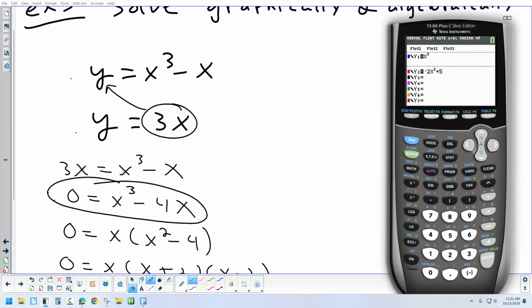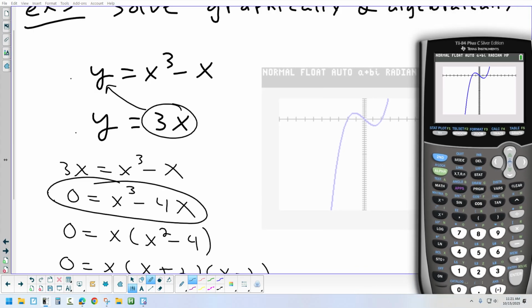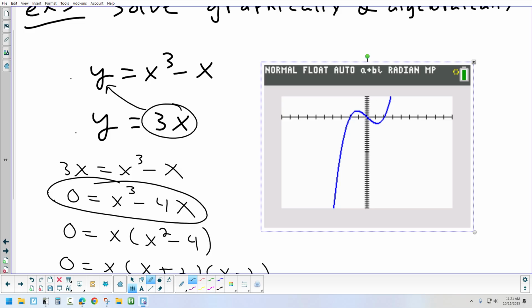So x cubed minus 4x. And we already know it's 0, 2, and negative 2. I'm just confirming it. Oh, perfect. 0, 2, negative 2. So that's looking at it graphically and algebraically.